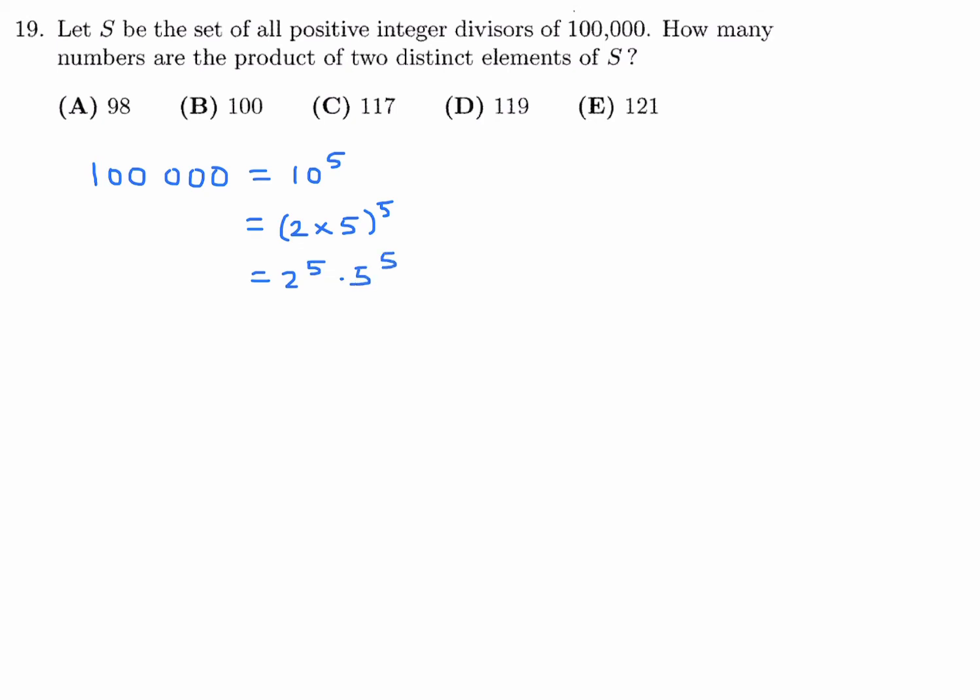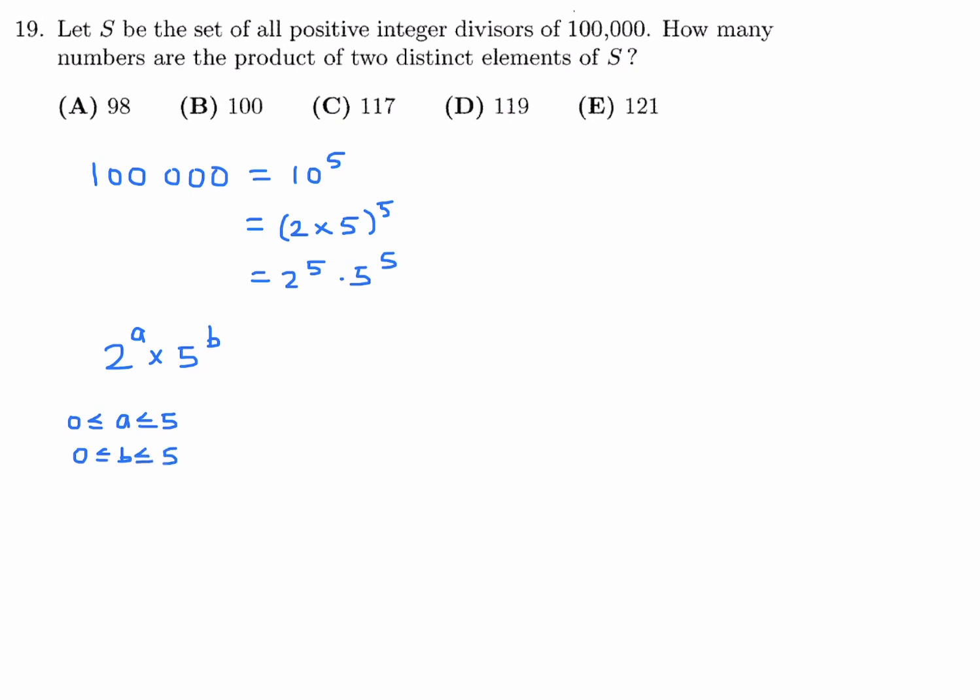So if we take any number that is a divisor, it would be of the form 2 to the power of a times 5 to the power of b, where a is anywhere between 0 and 5, and b is between 0 and 5.